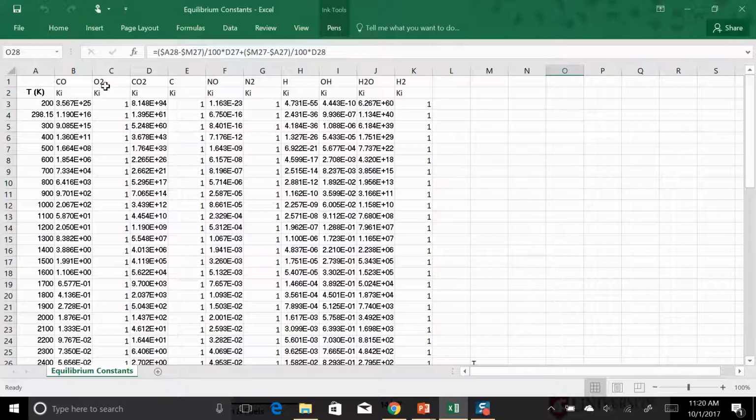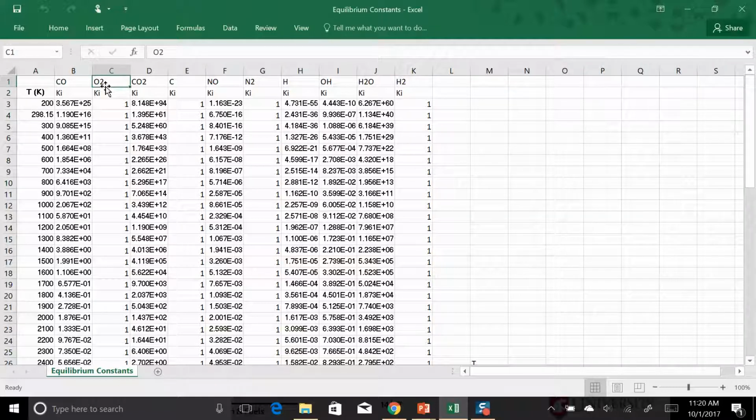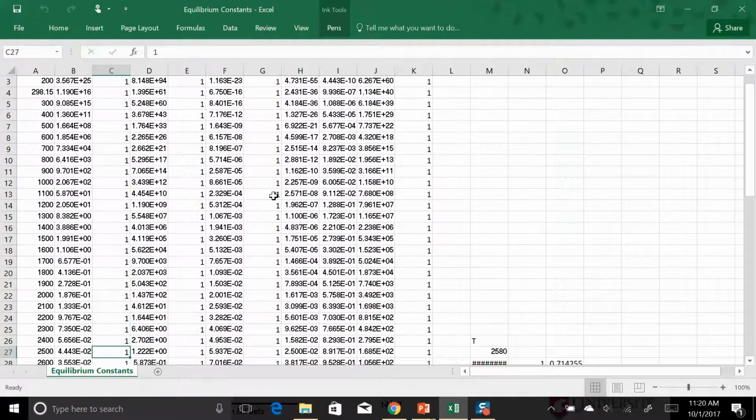And what you'll see is that each element in its standard form has a predefined equilibrium constant of 1, and everything else is relative to that. So diatomic oxygen always has an equilibrium constant of 1, pure carbon 1, diatomic nitrogen 1, diatomic hydrogen 1, and everything else will be relative to that. So if we were trying to do this at 2500 degrees Kelvin, I'm going to come down here to 2500 degrees Kelvin and pull off these three terms.